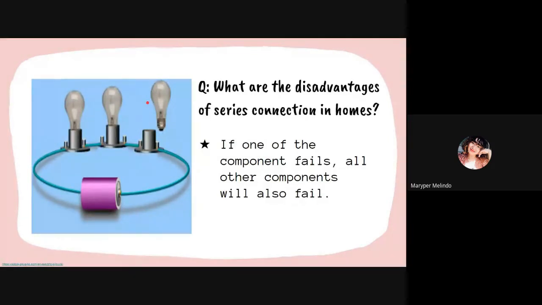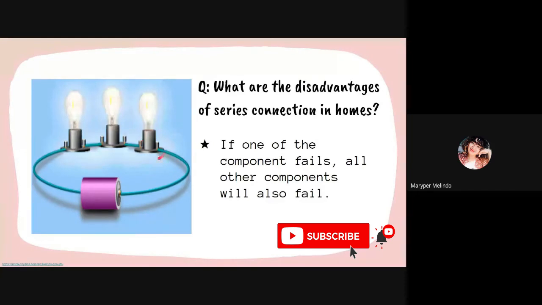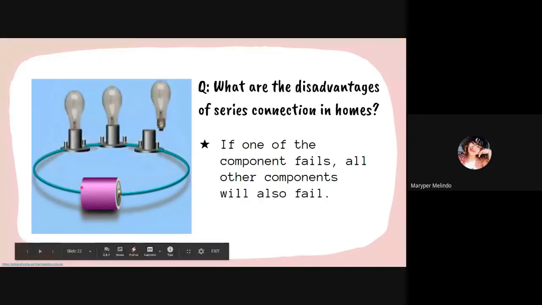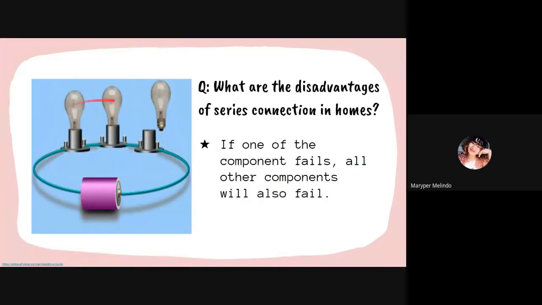Why? Because when we remove this bulb, or when this bulb becomes broken, for example, there is what we call a gap. And this gap is what we called, katulad kanina, an open gap. That gap will create what we call an open circuit. Since it is an open circuit, the electric current cannot pass through.